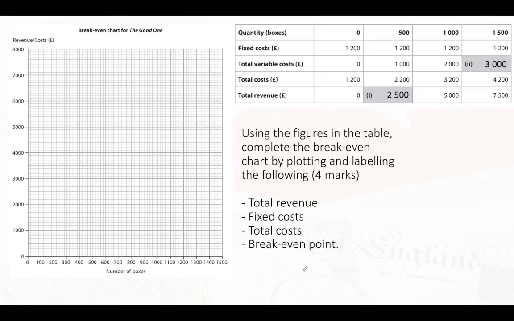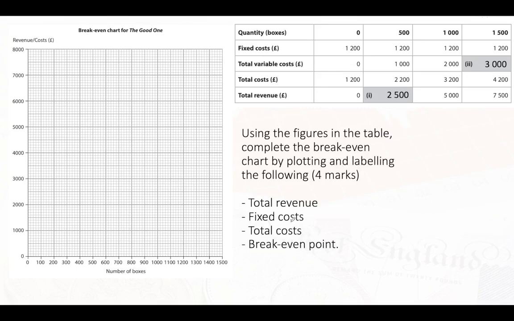We've never had a break-even chart, and if we were, it would probably be a little bit like this. Now, think about, we've just calculated, obviously, these two boxes, and we've got figures of break-even. Plot and label the following. Yeah, so it could be that we need to do this sort of thing. It could be that the question is complete the break-even chart, and it doesn't give you the plot and labeling, okay?